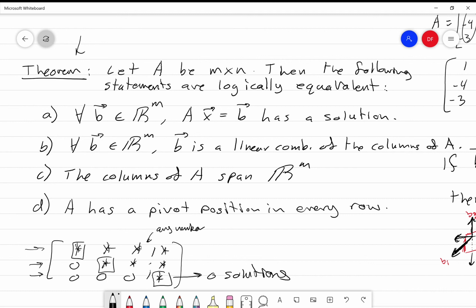Okay? So even though D holds here, this system is inconsistent, it does not have a solution. Okay? So these three statements only pertain to the coefficient matrix, not the augmented matrix. Okay?